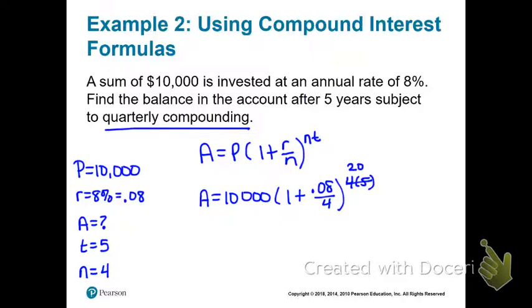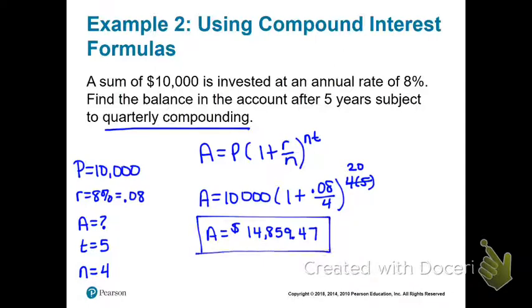All right, and so we found that our ending amount is 14,859 point, and we're talking money, so we're only going to go to 2 decimal places. So it was 47, and there's a 3 after it. That 3 is going to make that 7 stay the same. And so there is our solution.